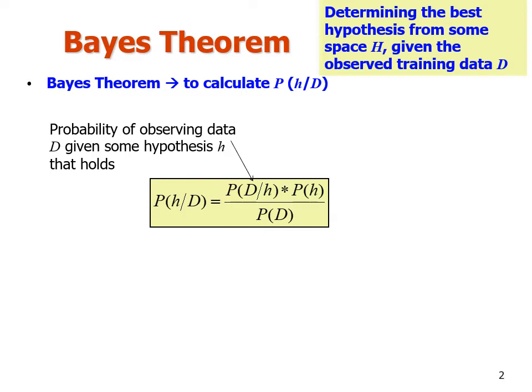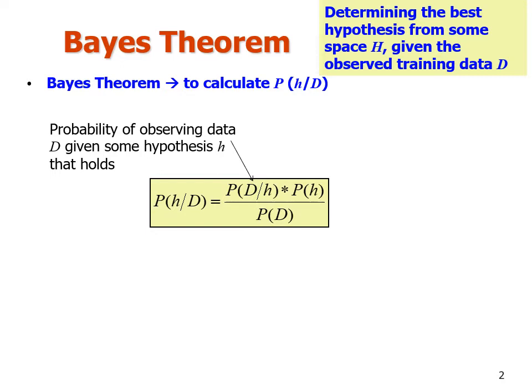That means if the hypothesis is true, what is the likelihood of that data being generated? Or in other words, if the hypothesis H is true, what is the probability of D being generated?